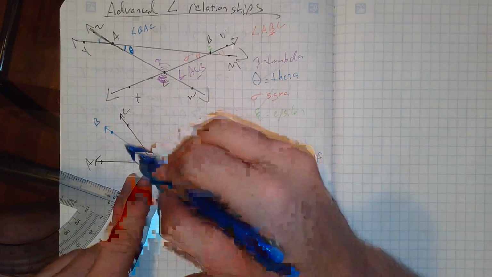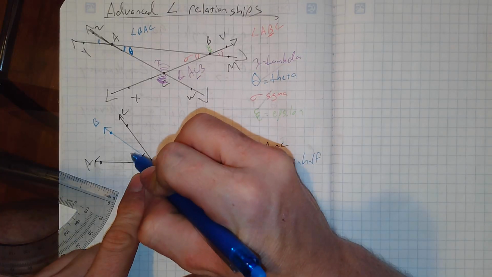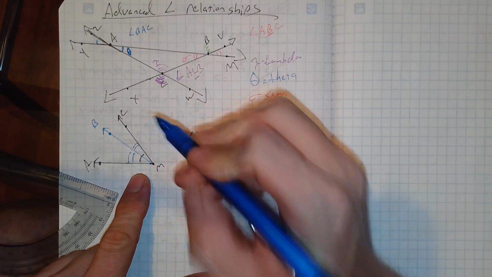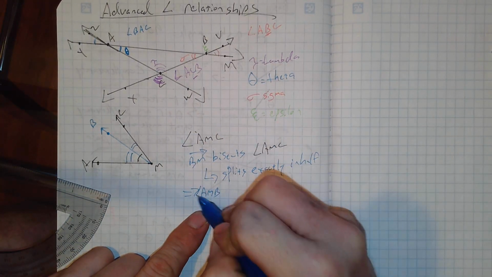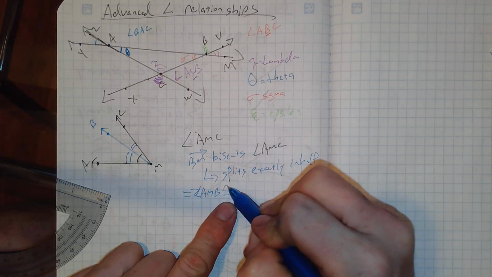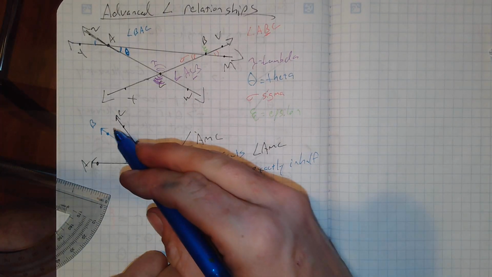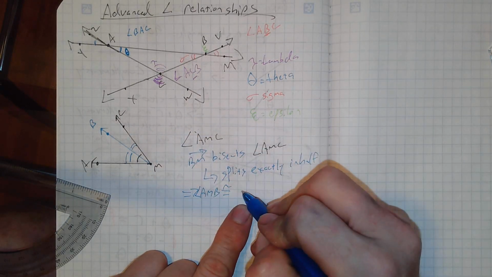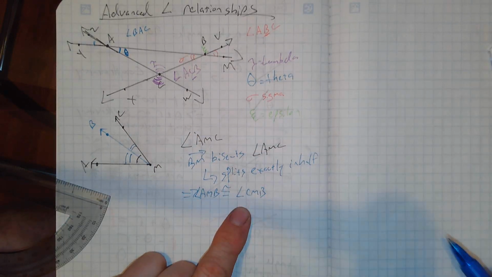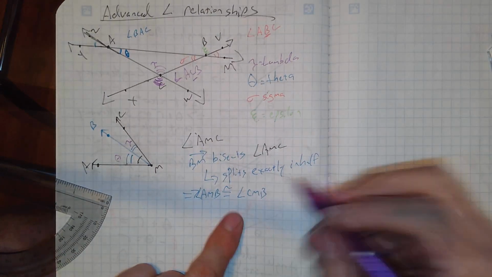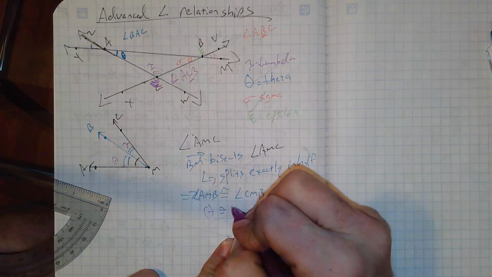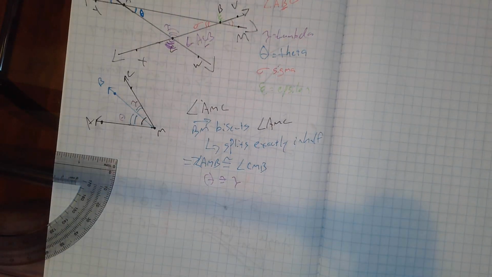So if this bisects it, that means that this blue angle, angle AMB, has the same measure, or is congruent to angle BMC, or CMB. Or you could say, this is angle theta, this is angle lambda, and angle theta is congruent to angle lambda. Okay, so that's what a bisector is.